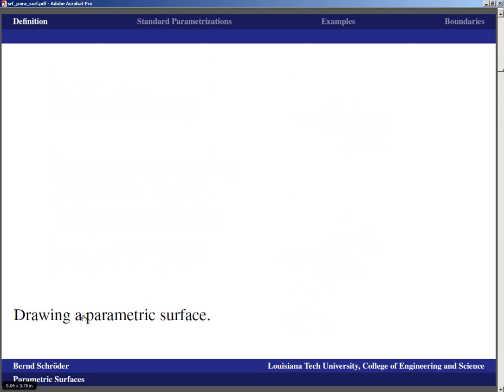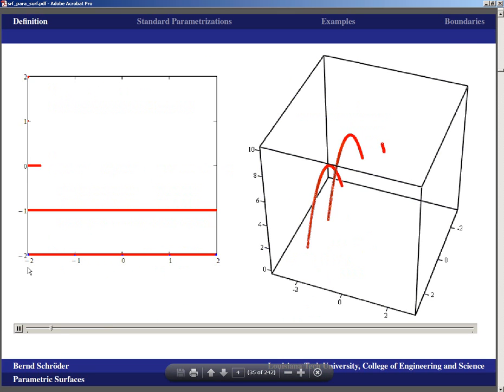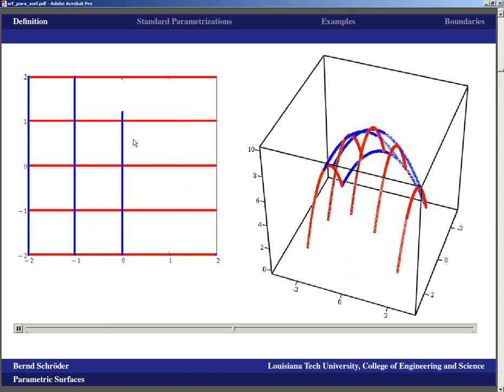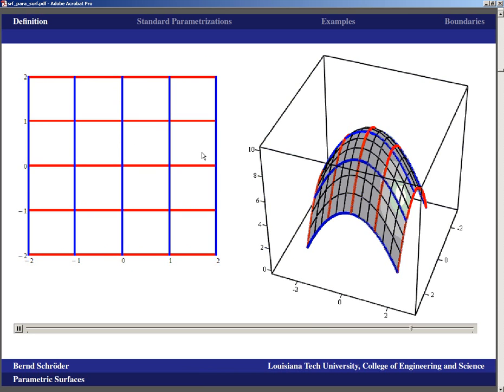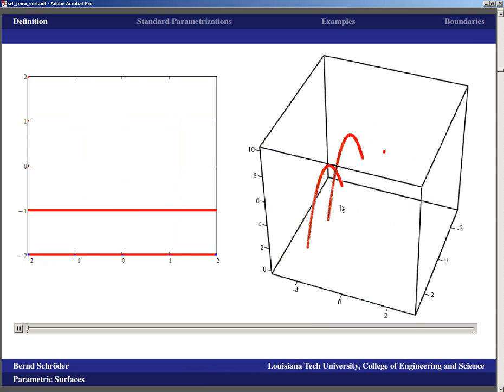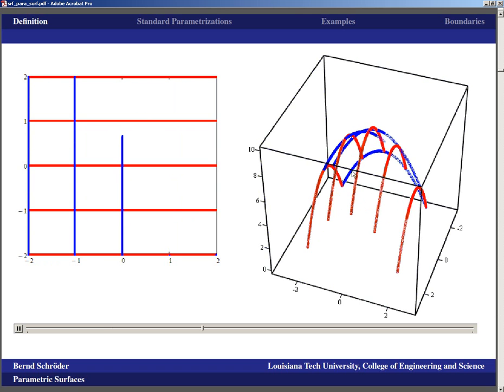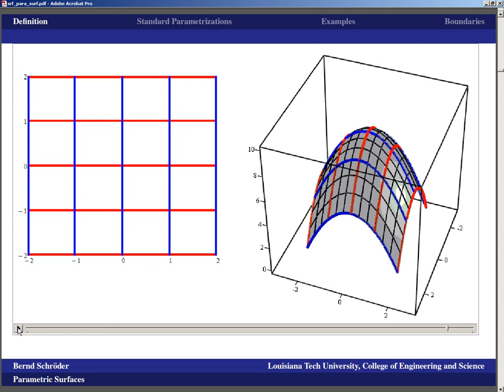So to draw a parametric surface, basically you draw lines where v is constant and you draw lines where u is constant in the domain. And these lines translate into vector-valued functions into parametric curves in the image. And these curves can be interpolated, and once they're interpolated, we end up with a surface.